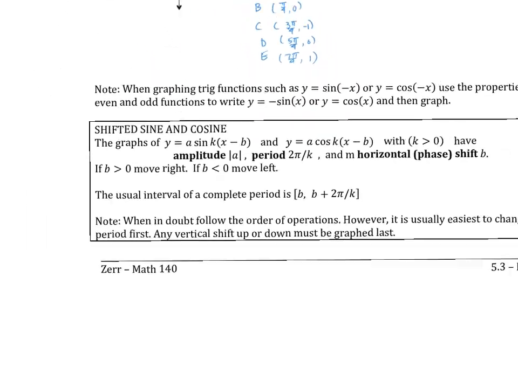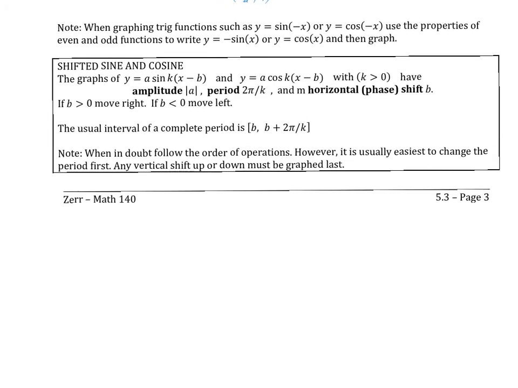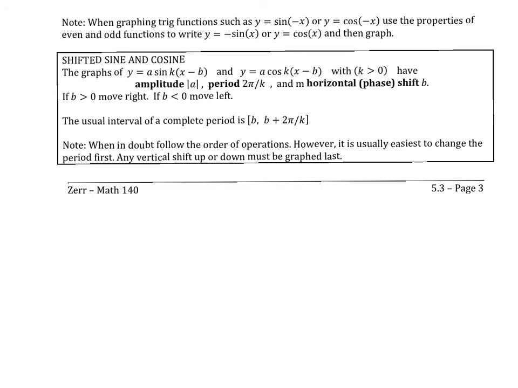Okay, now if you have a function where you have a negative in front of your x, what you want to do is just use the idea of odd and even functions. Since sine is an odd function, you would just rewrite that as negative sine x, and cosine is an even function, so the cosine of the opposite of x is the same thing as cosine of x.